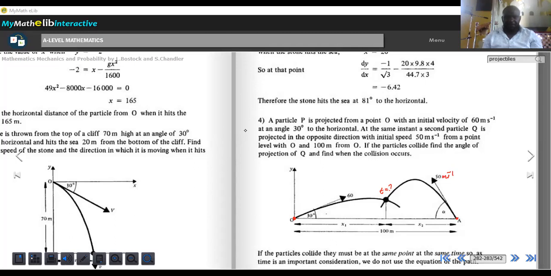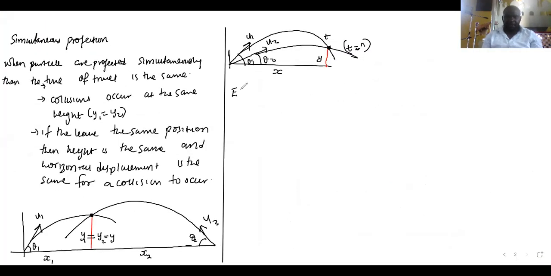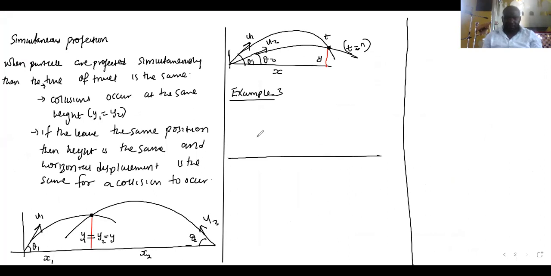So if you come back to this page, this is example 2, example 3. And we have seen that in example 3, there are two particles projected. One is projected at an angle of 60. Another one is being projected at an angle of theta. These particles collide.